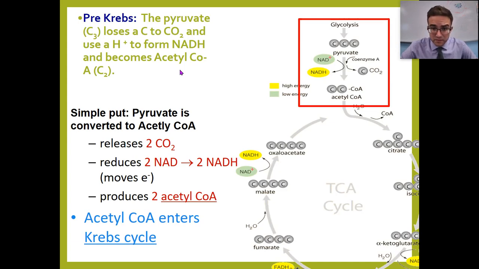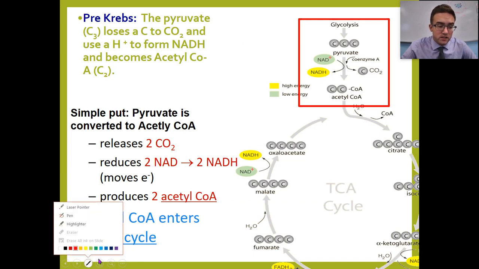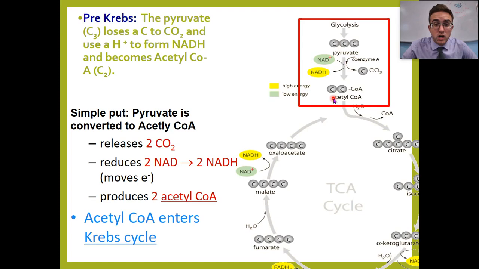Before pyruvate actually enters the Krebs cycle, it has to go through a pre-Krebs step. The pyruvate has to change into acetyl-CoA. Pyruvate is a 3-carbon molecule, and acetyl-CoA is a 2-carbon molecule, so part of going from pyruvate to acetyl-CoA is losing a carbon.